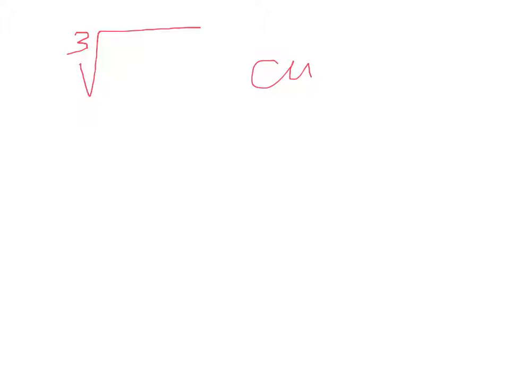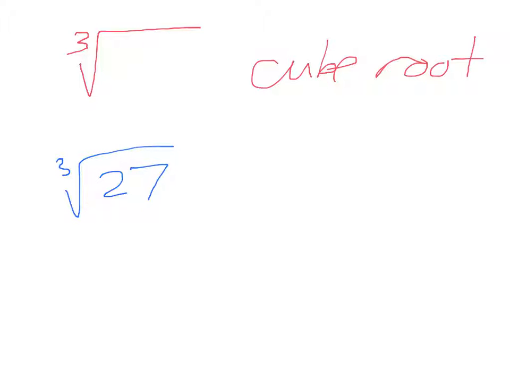That is a cube root. If I wanted, for example, the cube root of 27, I'm looking for a number that multiplied by itself 3 times will give me 27.